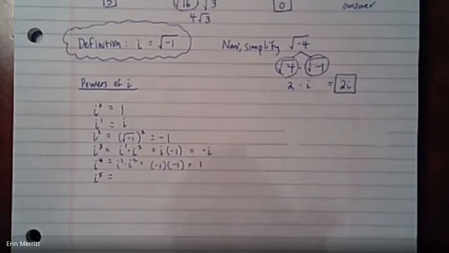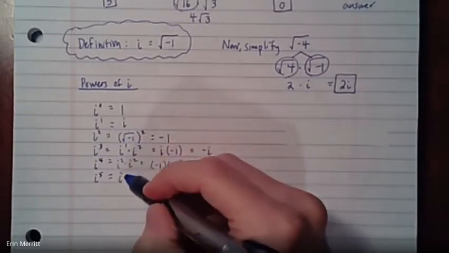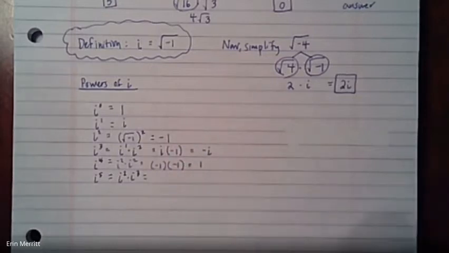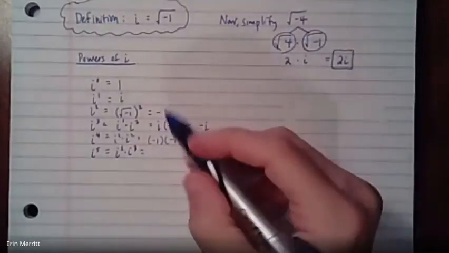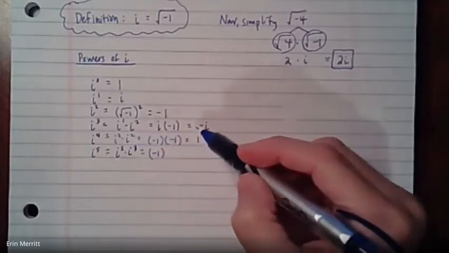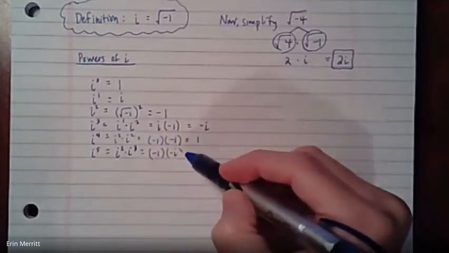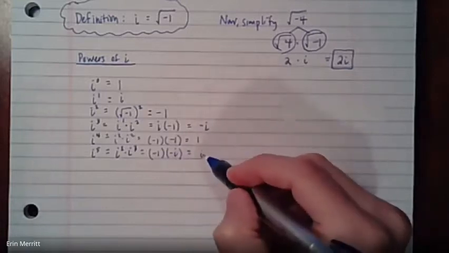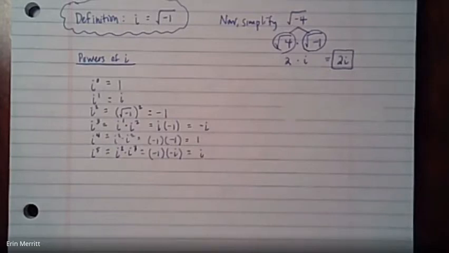Well, that could be i squared times i cubed, just breaking it into smaller powers that we've already discussed. So i squared was -1, i cubed was -i, and if you multiply -1 times -i, you'd get +i. And you could keep going.